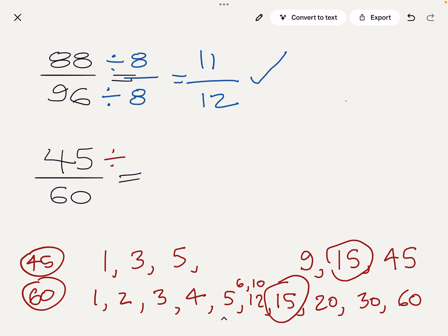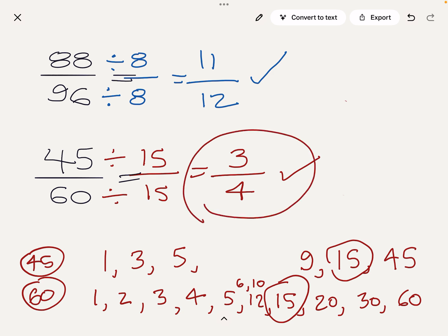So we will divide both of these numbers by 15, and we will end up with 3/4. And that is the lowest form of 45/60ths. And it's so much easier to think about a quantity when it's in its lowest form.